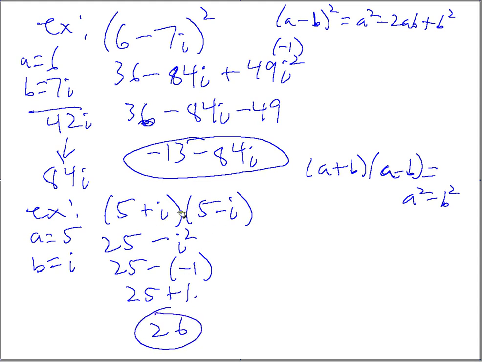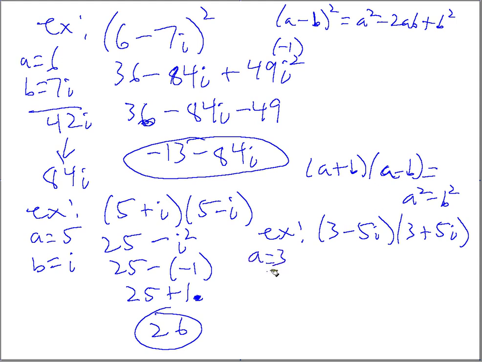And notice that if I multiply them using this formula, look, difference of squares becomes a real number. The imaginary component disappears. Can we see that? Sorry for this extra mark right here, it shouldn't be there. 25 plus 1. All right, let's go and try another one. How about 3 minus 5i times 3 plus 5i. All right, again, I just apply this formula, difference of squares.